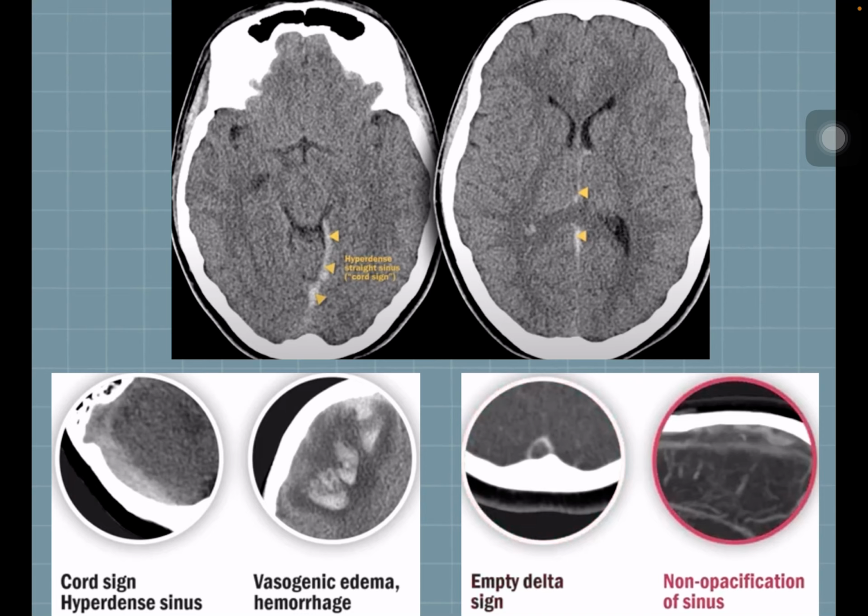If we have vasogenic edema or lobar hemorrhage occurring in non-arterial territories, this is an indication for CT venogram. Upon doing the CT venogram, if there is a positive finding of empty delta sign, non-opacification of the sinus, or a filling defect, this strongly suggests cerebral venous thrombosis.